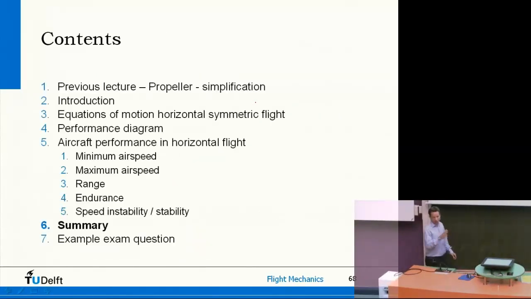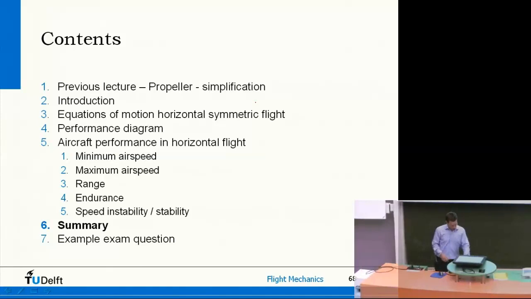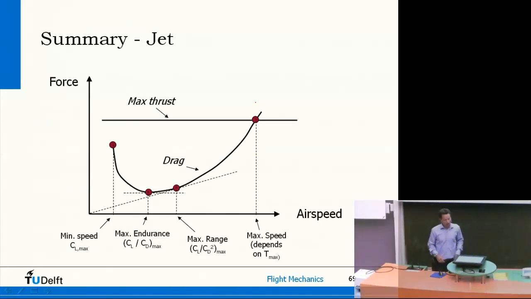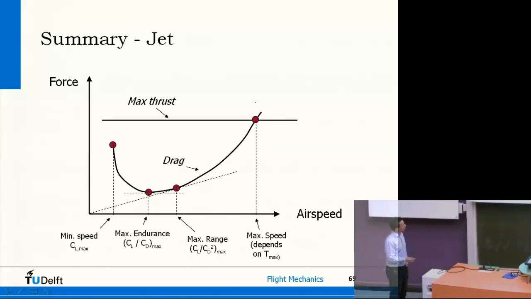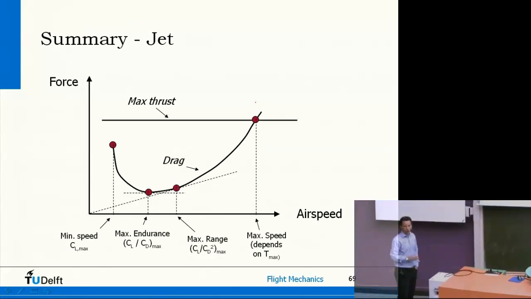So far, horizontal flight performance. Little summary, because you've seen a lot of equations, but what do you actually need now? What do you need to memorize or what not? If you look in these performance diagrams, actually quite nicely, all these interesting points from a performance point of view, you can actually note in this diagram.